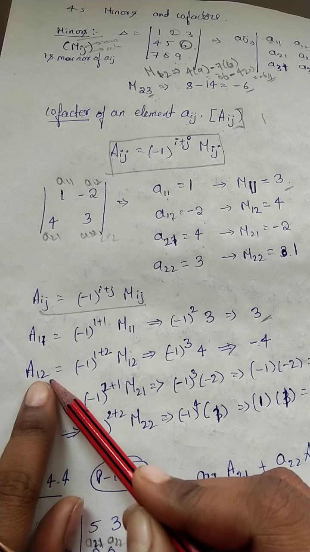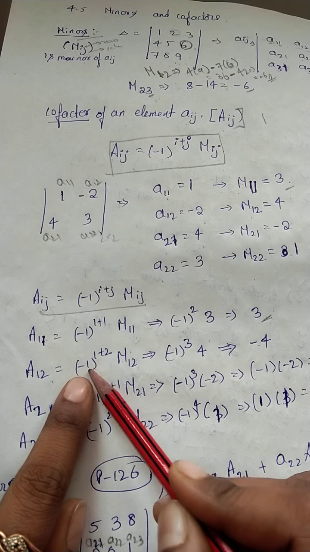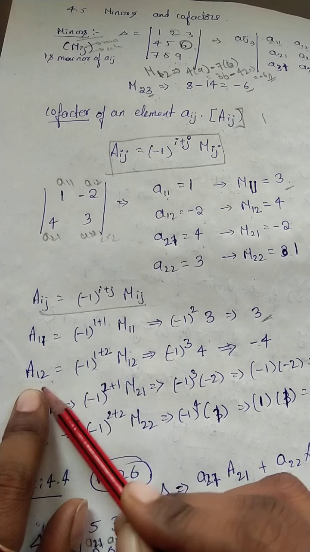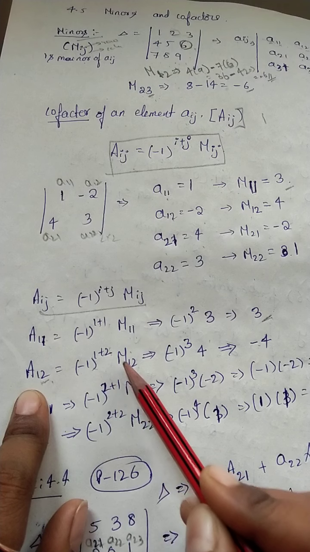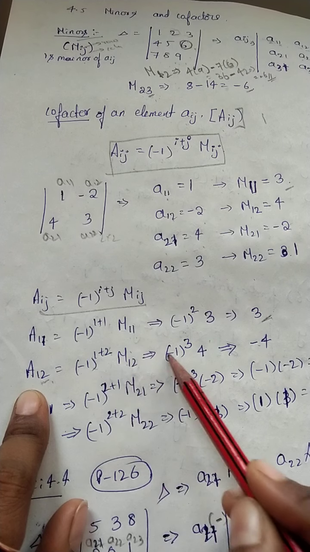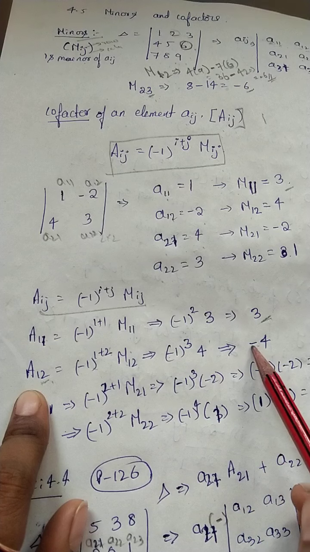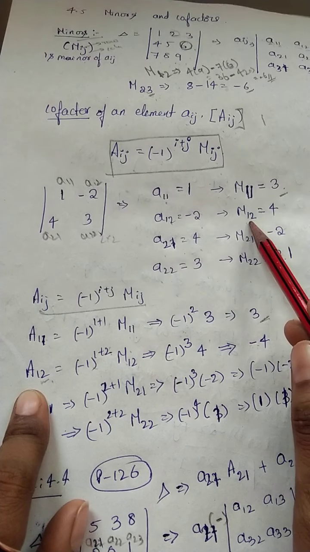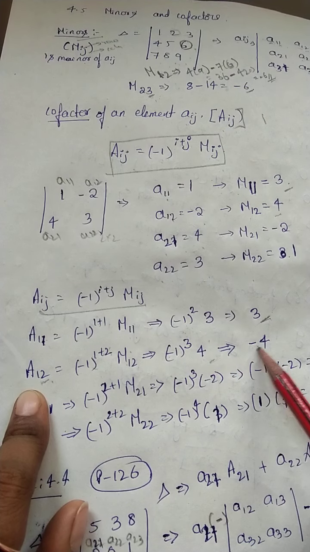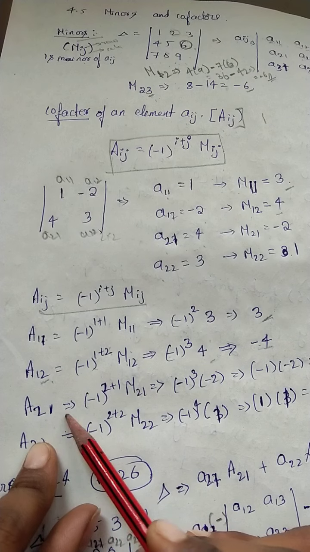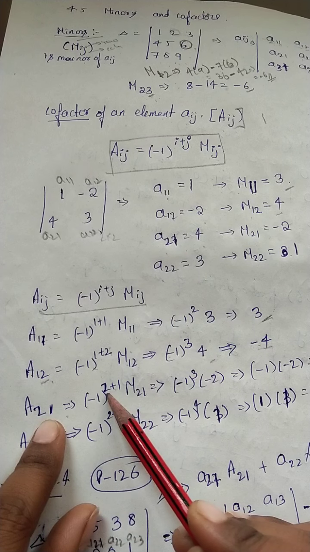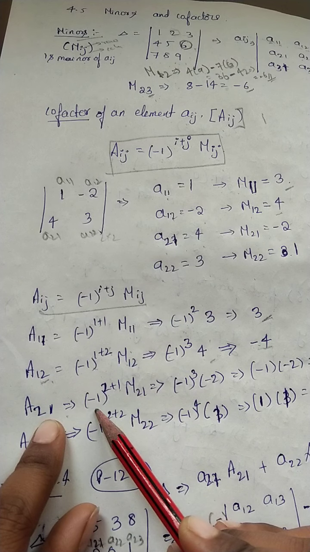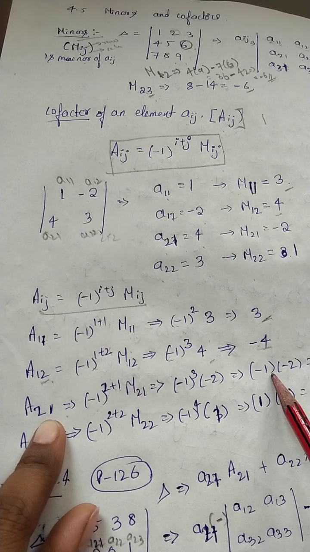The same way A12 means minus 1 to the power 1 plus 2, with M12. This is minus 1 cubed, that is negative 1, into M12 which is 4, so that is minus 4. Again A21: 2 plus 1, minus 1 cubed, that is negative 1.